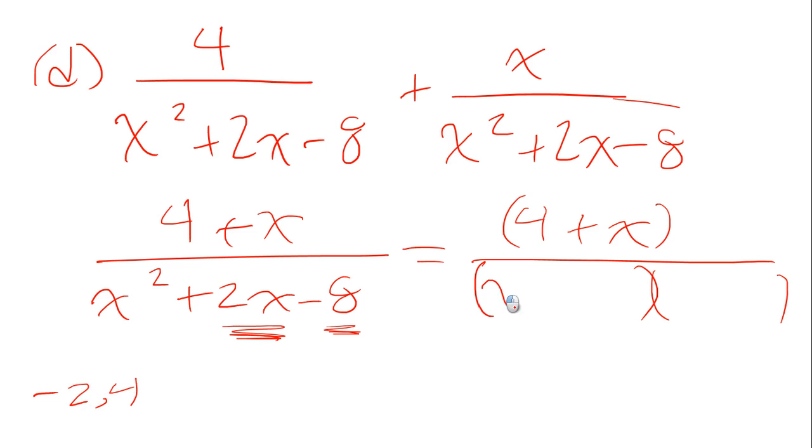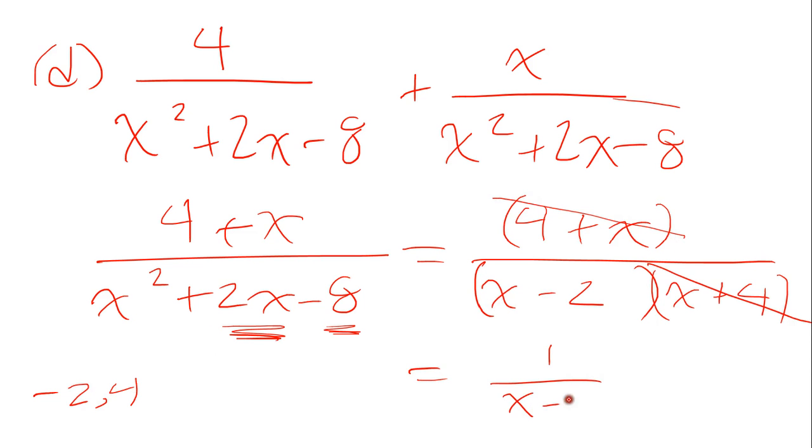So we have x minus 2 and x plus 4, which is the same as the numerator, so we basically just have 1 over x minus 2.